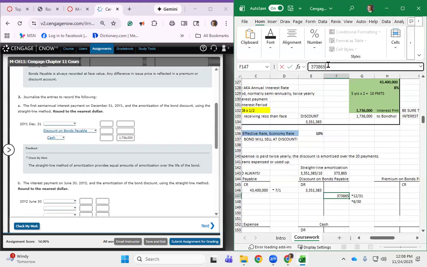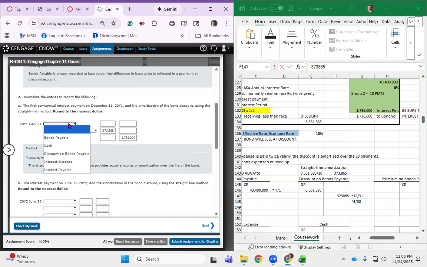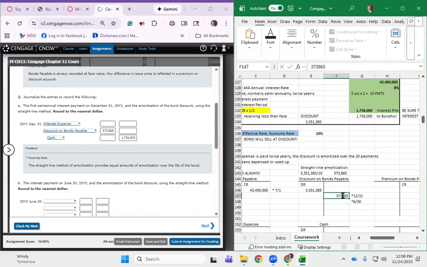And once you make a 6-month payment, it's that same entry again, 10 more times, right? So now that you know how much you're going to amortize the discount, mine is $373,865. Then the last piece you find is interest expense.